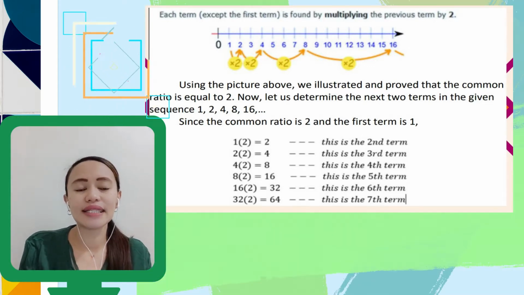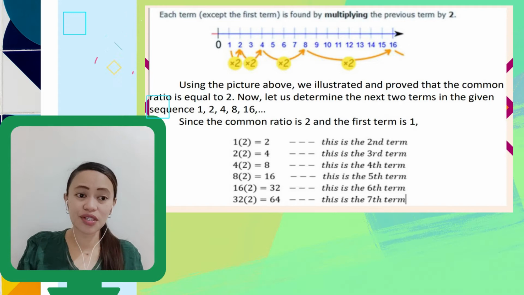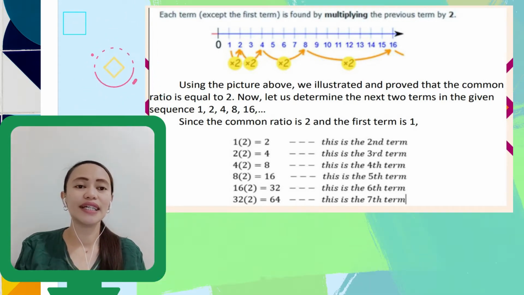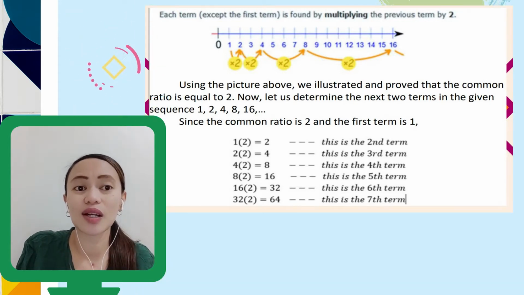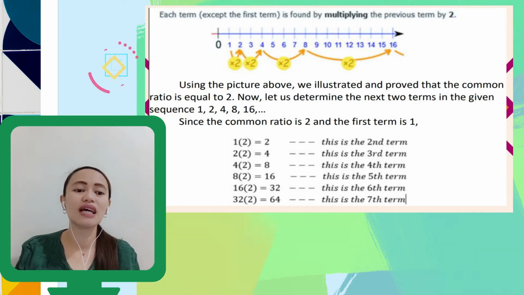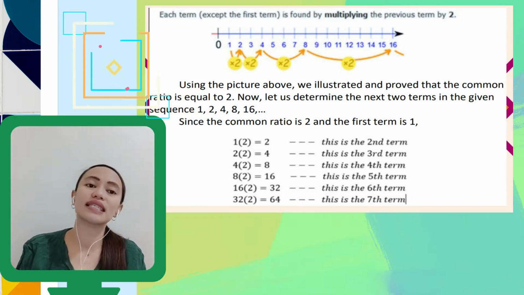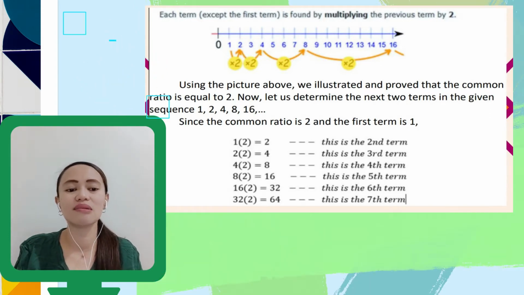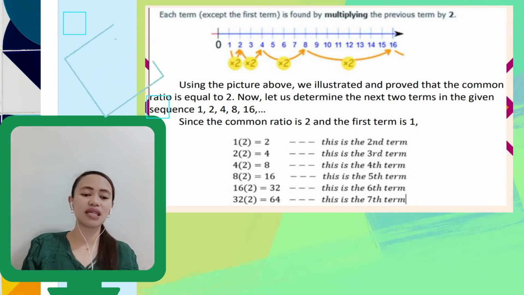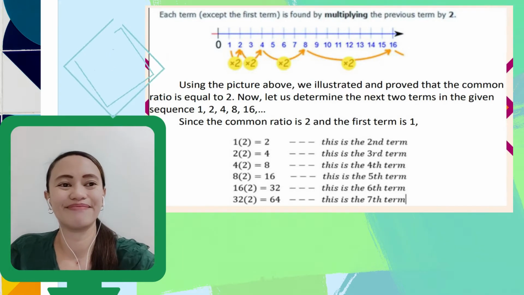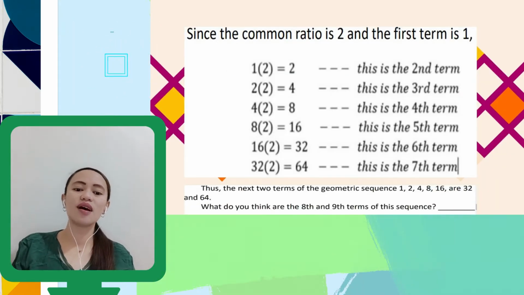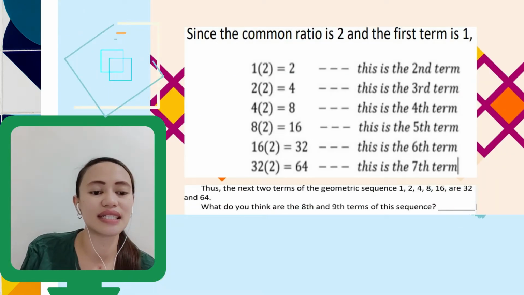Since the common ratio is 2, the first term is 1, 1 times 2 is the second term, the third term is 4, the fourth term is 8, the fifth term is 16, the sixth term is 32, and the seventh term is 64. So the next two terms are 32 and 64.